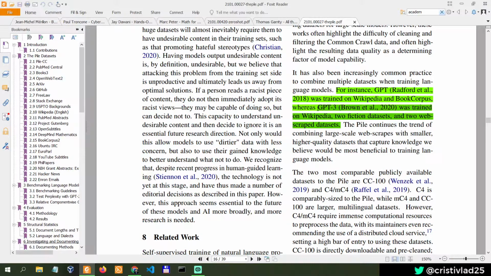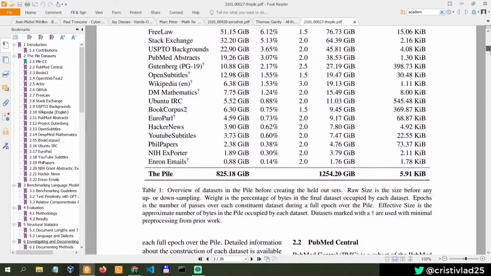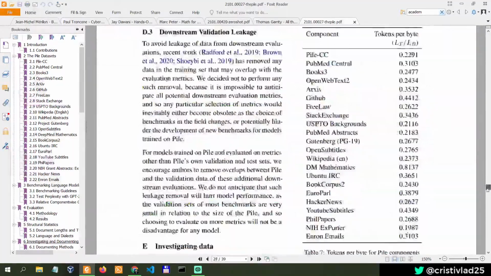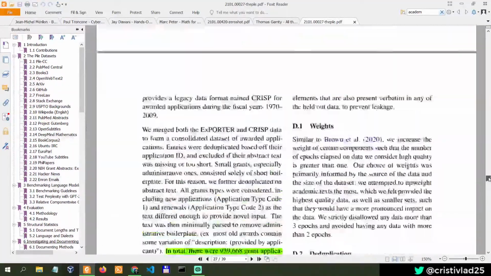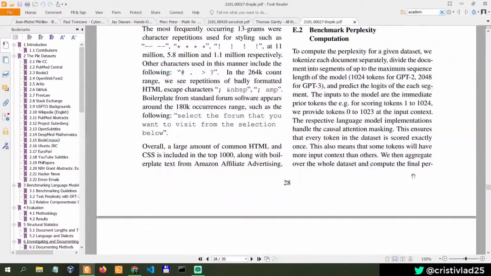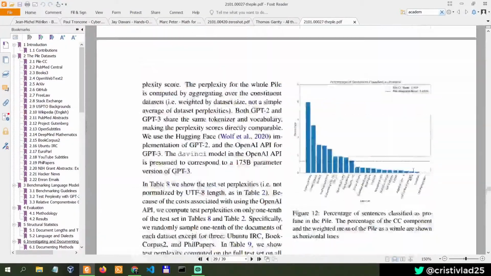I guess they kind of deride the fact that GPT-3 has been trained using Wikipedia, 2 fiction datasets, and 2 web scrape datasets compared to this humongous high quality thing. And still, GPT-3 provides amazing performance as of right now. Where were we?